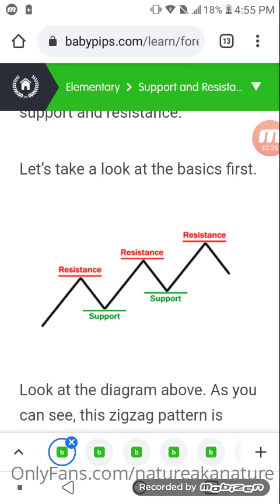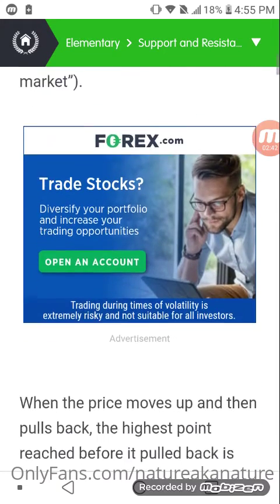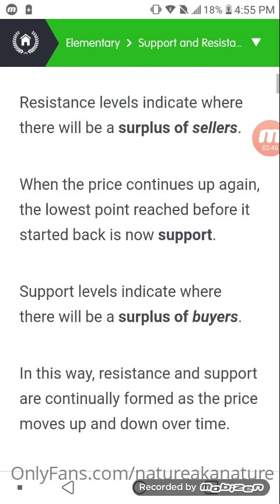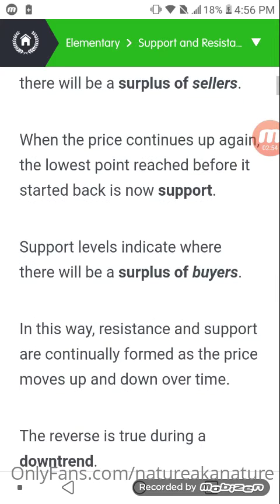When price hits its lowest point before going back up, it's known as support. So you got some resistance and support. Support levels indicate where there will be a surplus of buyers, because you buy low near the support.